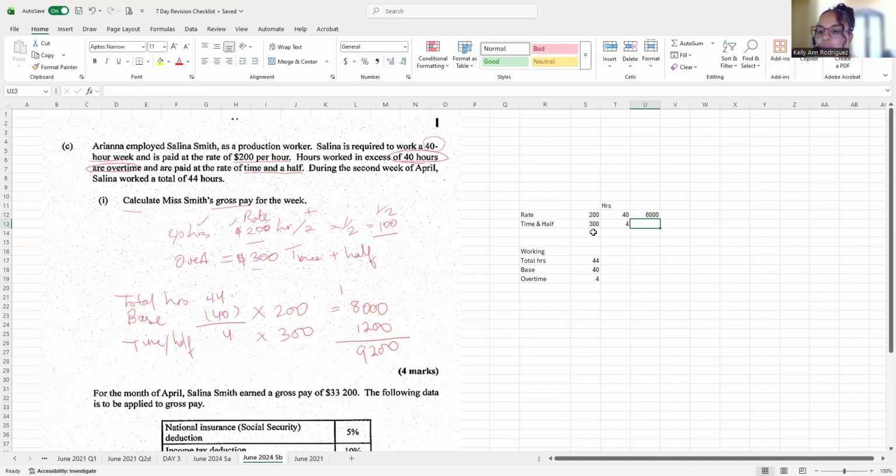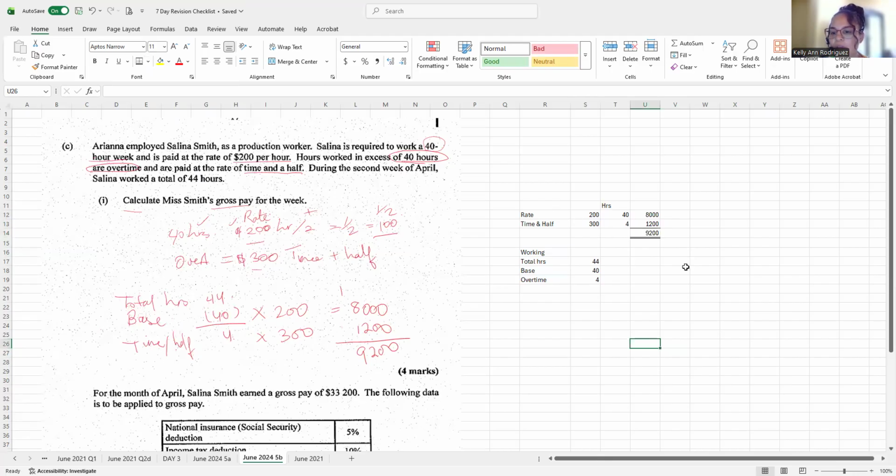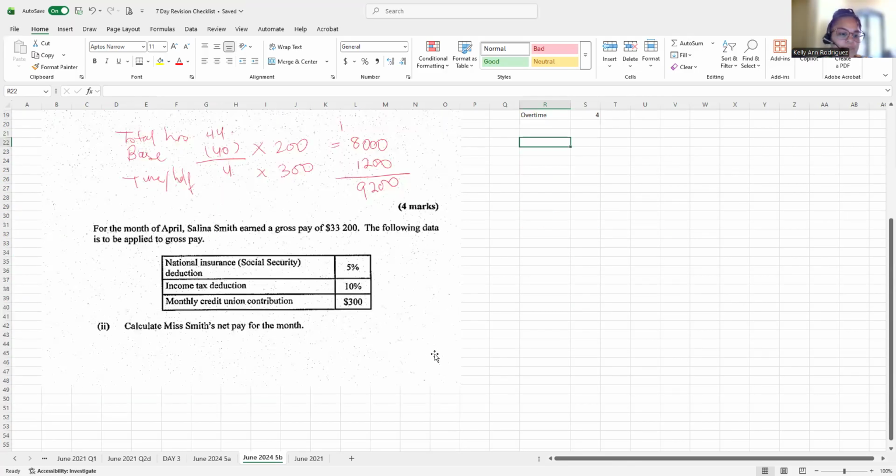So you have 40 by 200, and you have 300 by 4, and you add the two together in your little format that you would have drawn up, and you have 9,200 for the examiner to give you your 4 marks, right? And you show a little working how you come up with the overtime. You could even show the calculation for the time and a half, right? And that was 4 marks there.